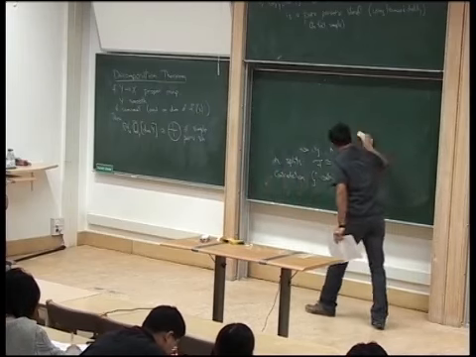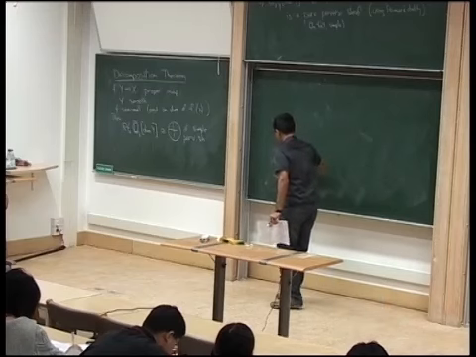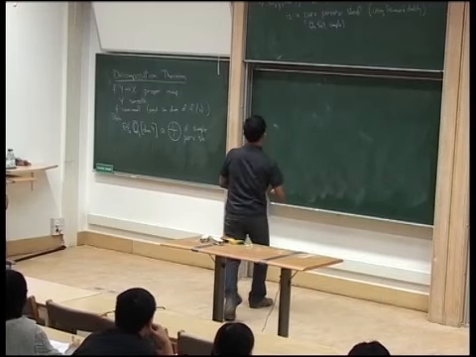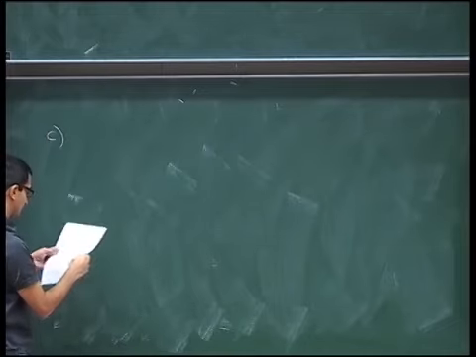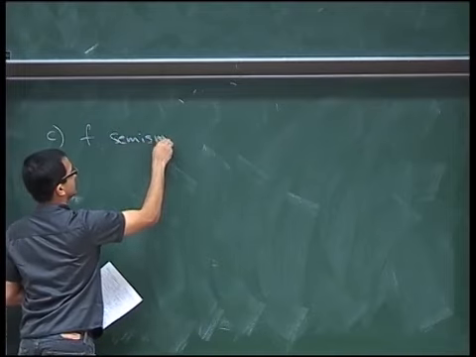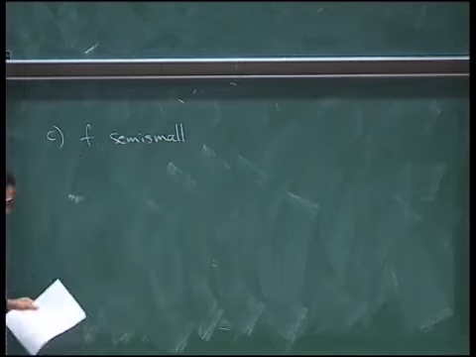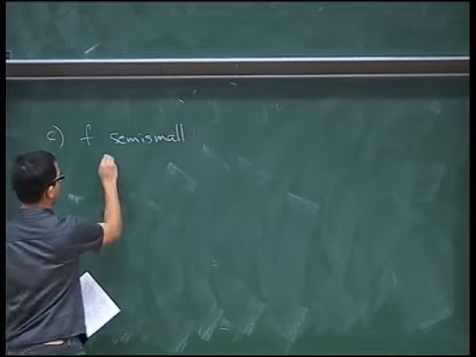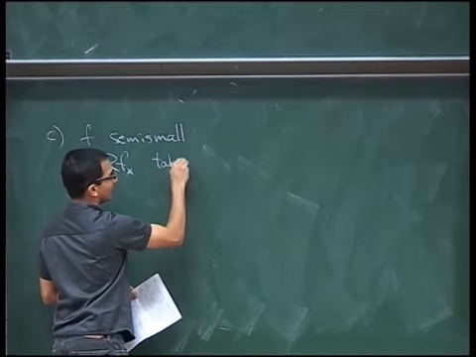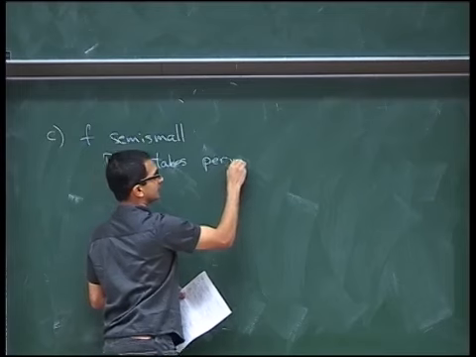Semi-small is a dimension condition, and the definition of perverse is a dimension condition. So the semi-small condition implies that Rf_*, the derived push forward, takes perverse sheaves to perverse sheaves.